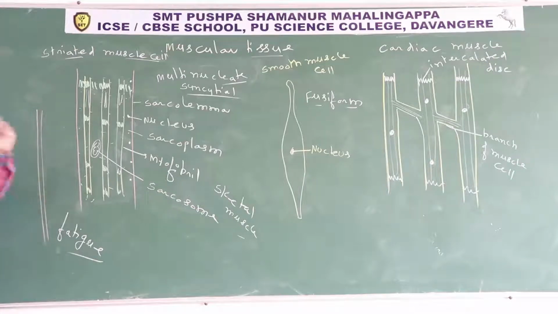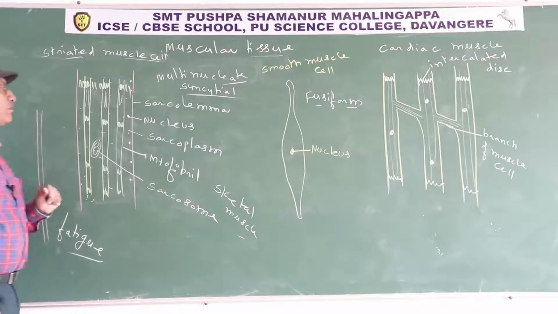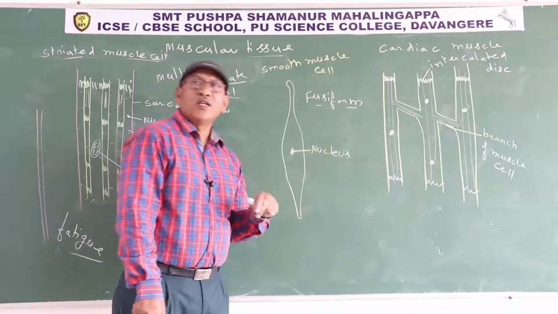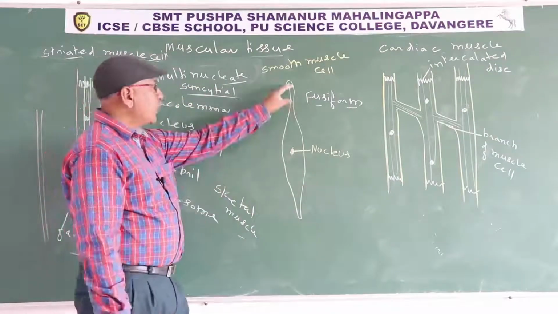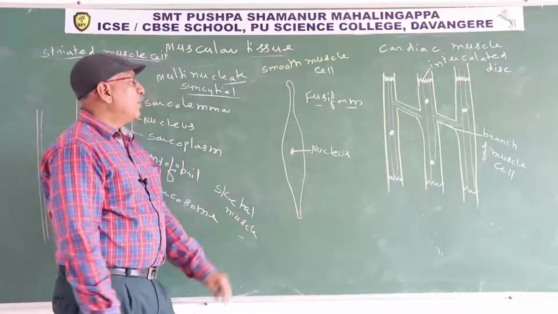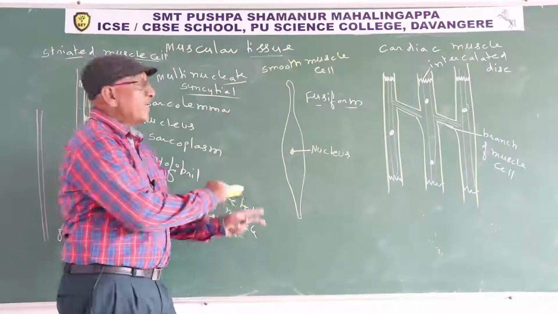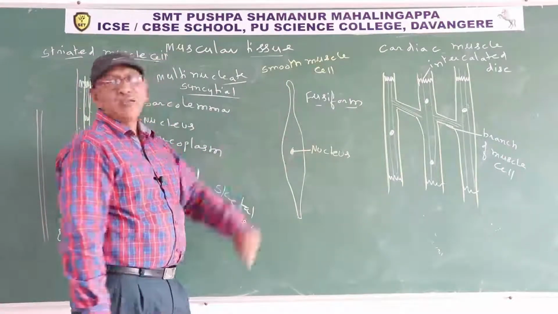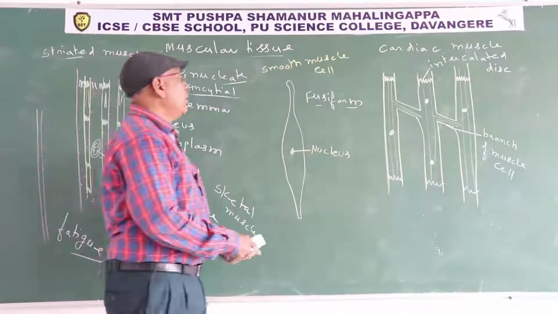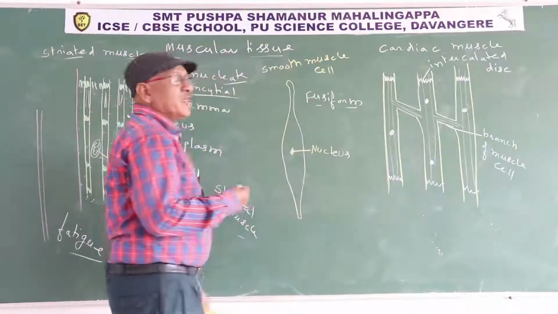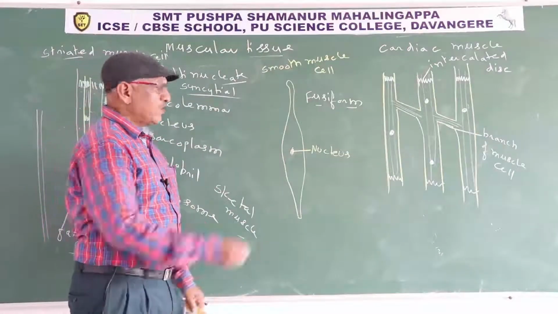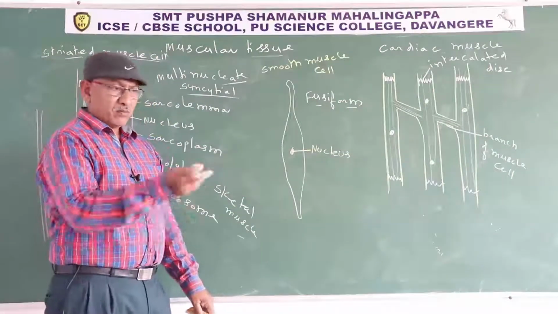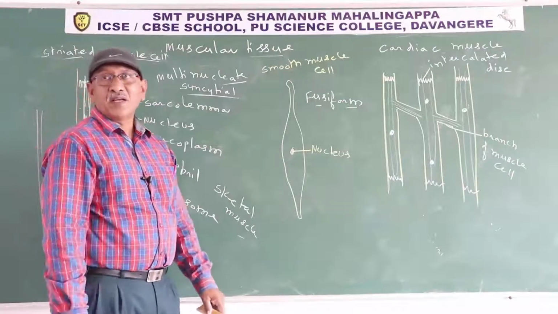Fatigue means great tiredness. Next one, smooth muscle. Smooth muscle contains numerous smooth muscle cells. Smooth muscle cells are fusiform or spindle shaped. Striations do not appear. That's why it got the name smooth muscle. Smooth muscles are present in the visceral organs, blood vessels, alimentary canal. So in various organs.